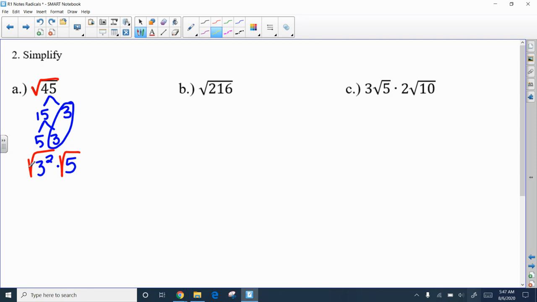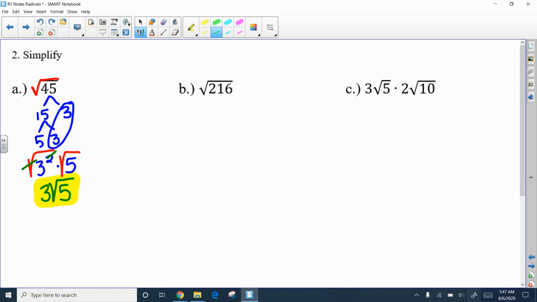The square root and the squared now get rid of each other, and we're just left with 3 without the radical. Now the 5 is not a squared factor. It's not 5 squared, so it doesn't simplify. So that 5 has to stay under the radical. So square root of 45 simplifies to 3 square root of 5.